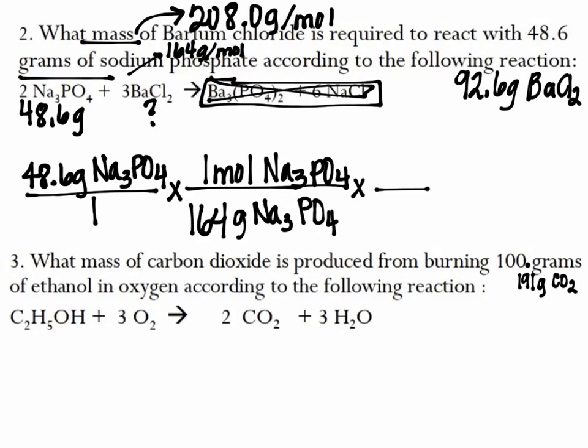Now we need to get rid of our moles of sodium phosphate, so we go to our unknown over our known. We get these numbers from the coefficients. So we have 3 moles of barium chloride over, remember you switched them, 2 moles of sodium phosphate.